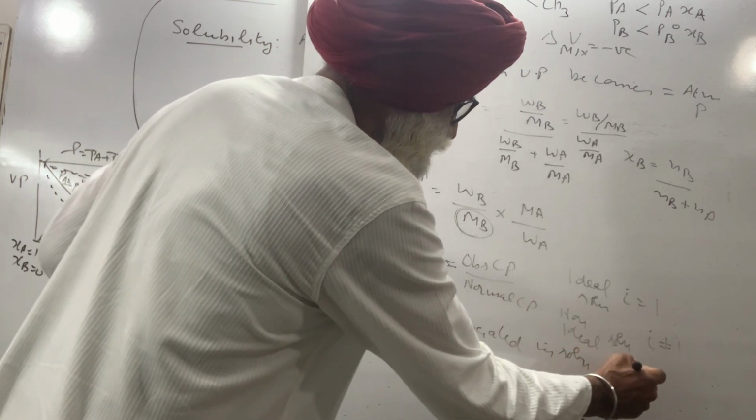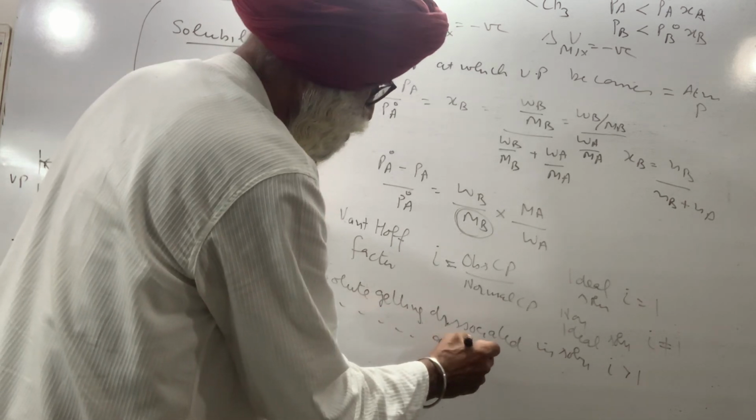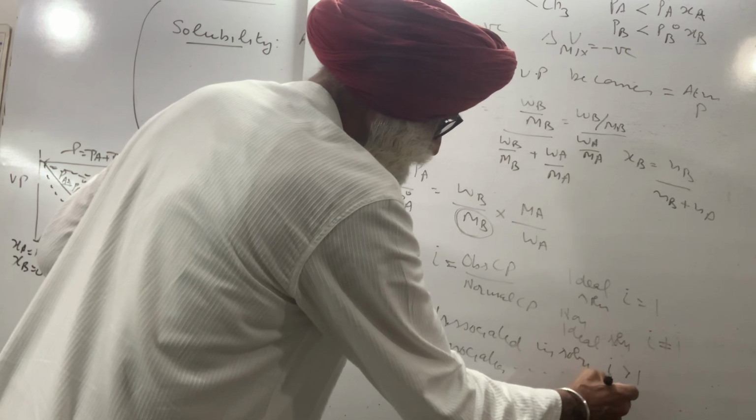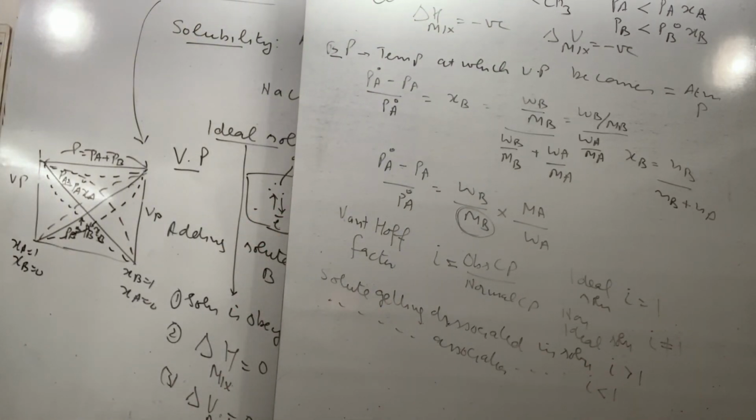Here I is greater than 1. Solute getting associated in solution, here I is less than 1. So this is the situation for non-ideal solution, where I will not be equal to 1.